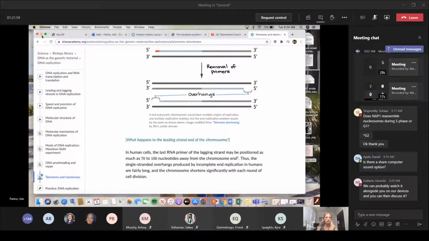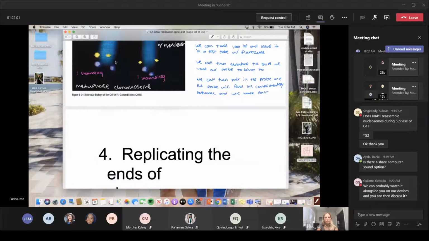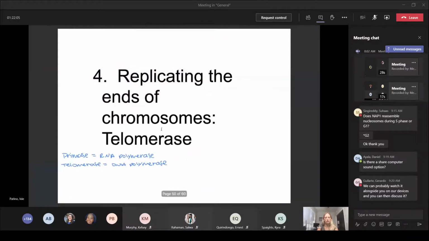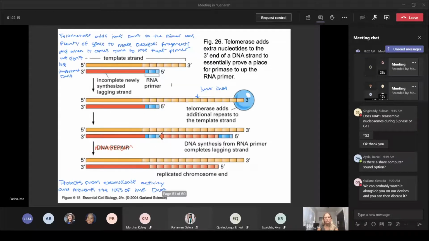So then now, if we look at our slides, also keep in mind that primase is an RNA polymerase, whereas telomerase is a DNA polymerase. So now if we look at our slides, I wrote in here, telomerase adds junk DNA so that the primer has plenty of space to make Okazaki fragments, and when it comes time to lose that primer, we don't lose important DNA.